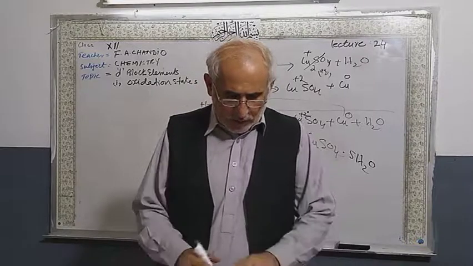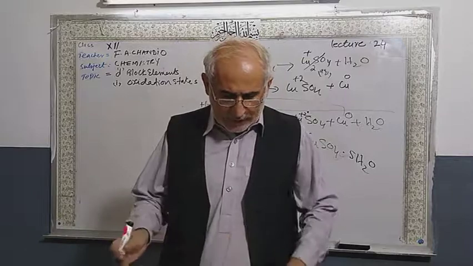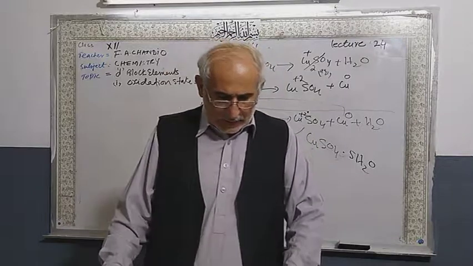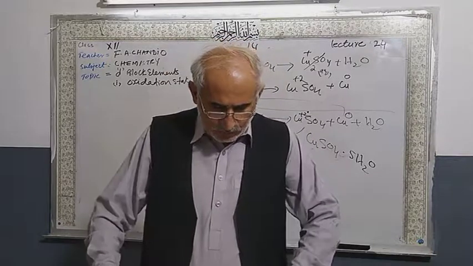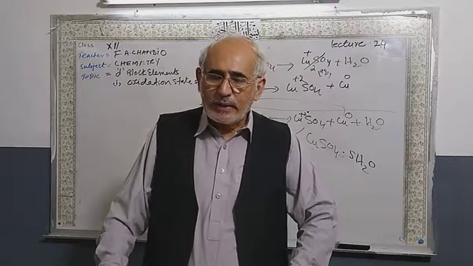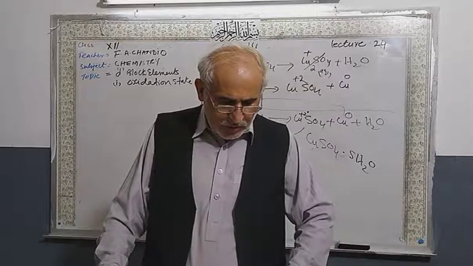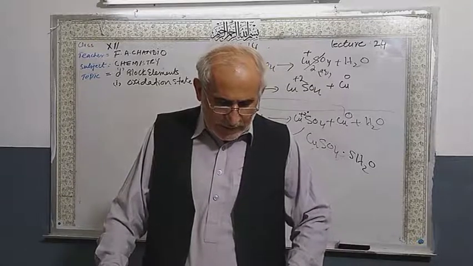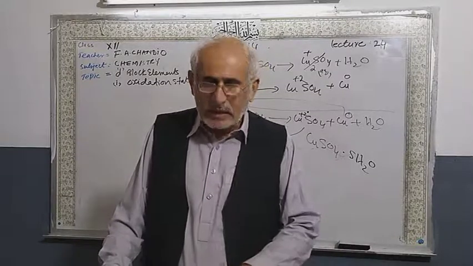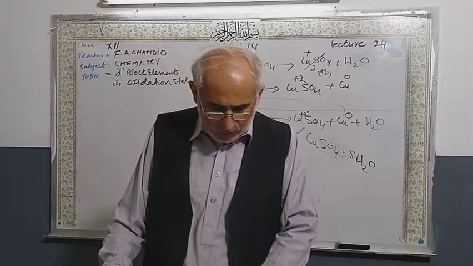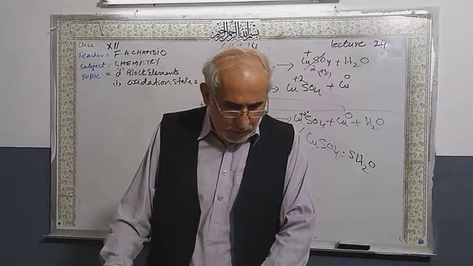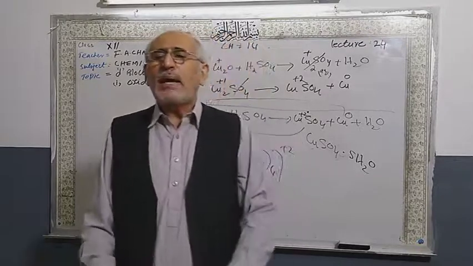So copper 2 plus water, you will get the hydroxo copper, and hydrogen ion is going to be liberated. Since the outermost shell of copper 2 ion has one unpaired electron, D9 electronic configuration, copper 2 compounds are paramagnetic.